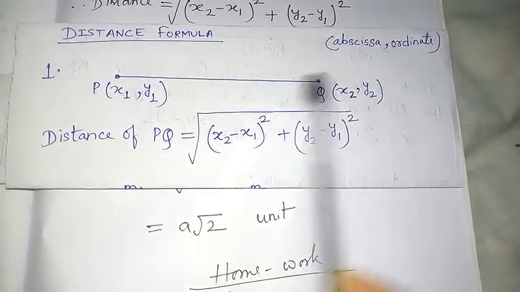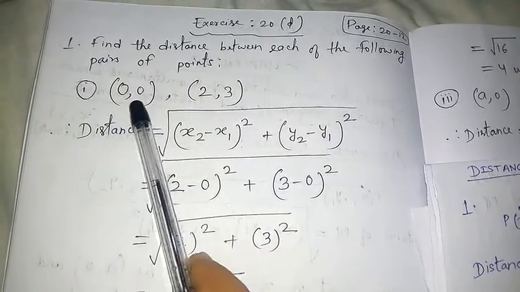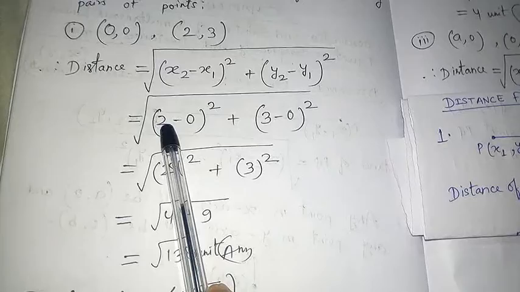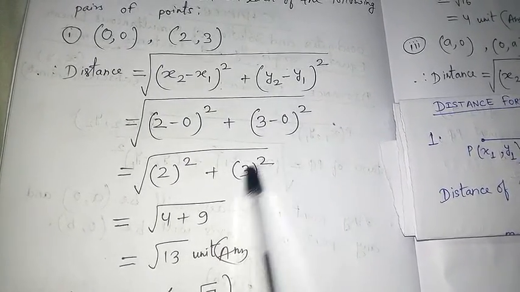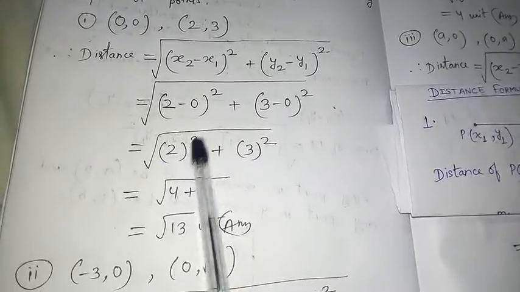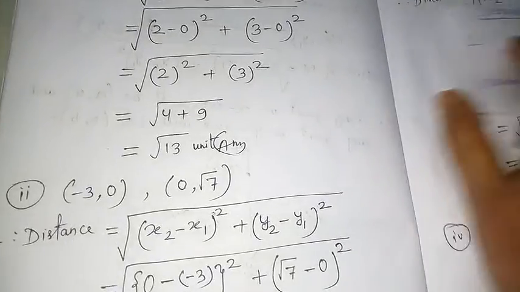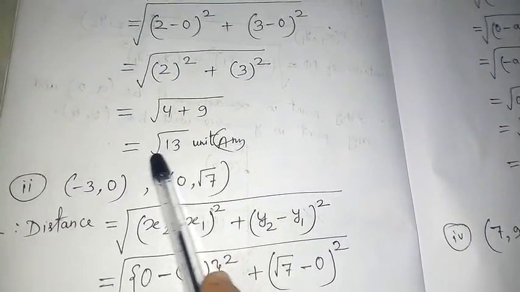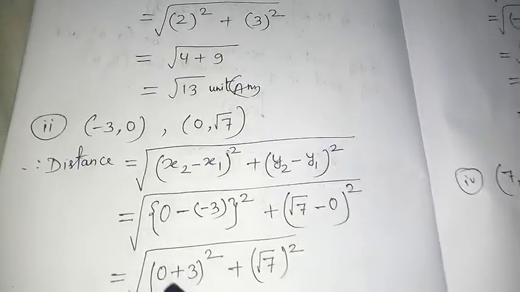So this is y2, this is y1: 3 minus 0 whole square and root over. Now 2 minus 0 is 2 square, 3 minus 0 is 3 square. 2 square is 4 and 3 square is 9. So 4 plus 9 is root 13. As 13 cannot come out of the root, root 13 units is our answer.